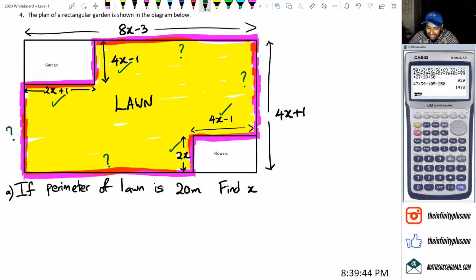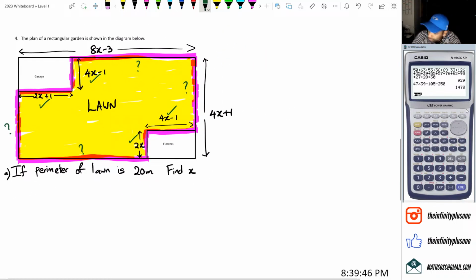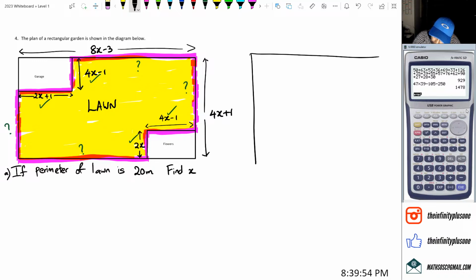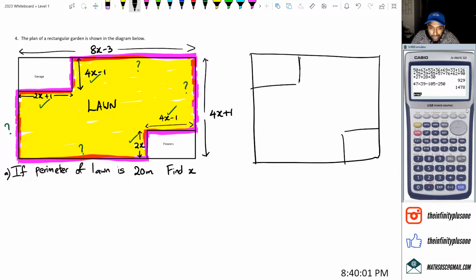Just the shortcut. Okay, look, the beauty of a perimeter question is like this. I'm going to draw this rectangle again. There are my little spots. I'm going to leave these parts and not touch them.